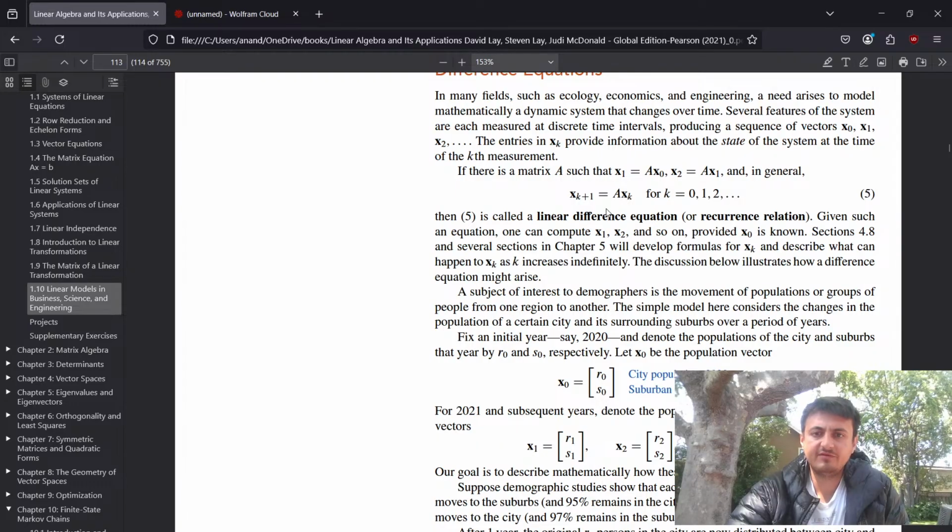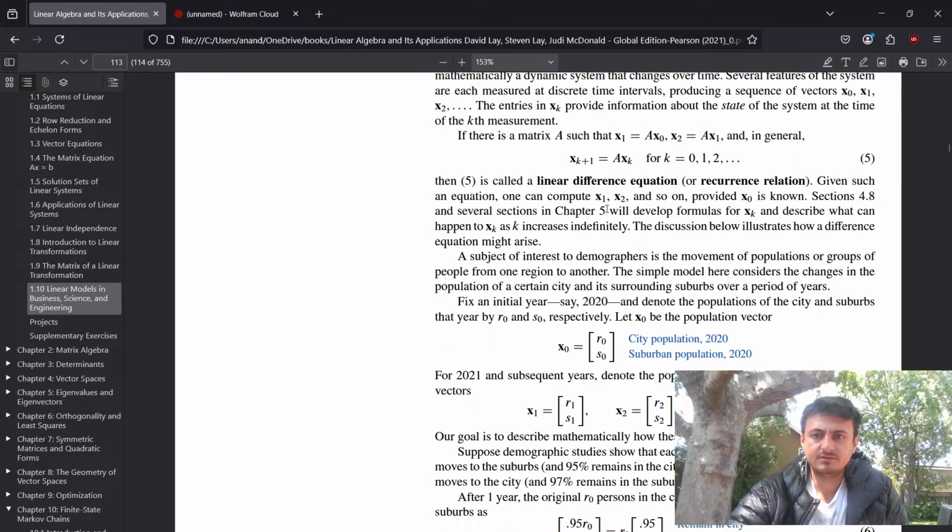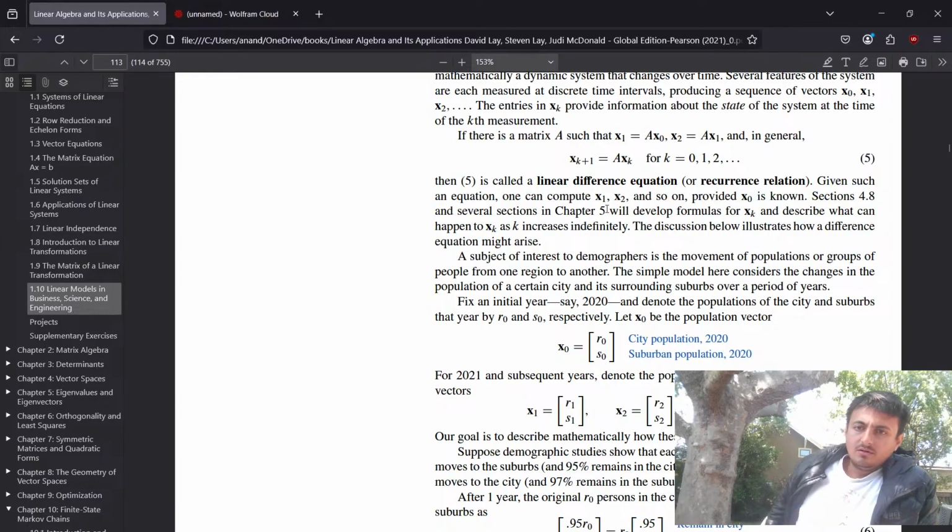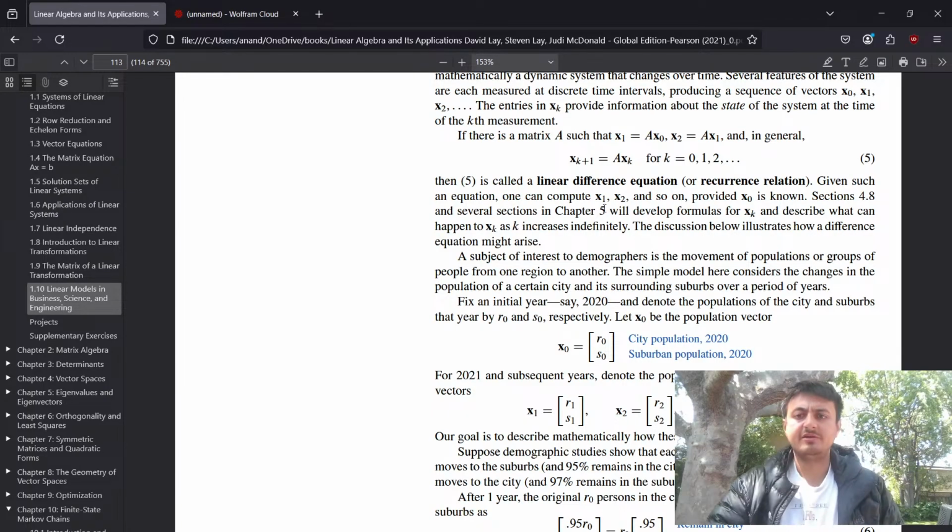Yeah, actually, the behavior of linear difference equations is pretty interesting, I feel like. All right, so then here they talk about initial value problem. Okay.